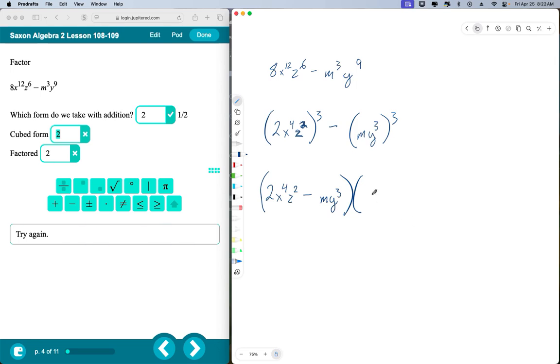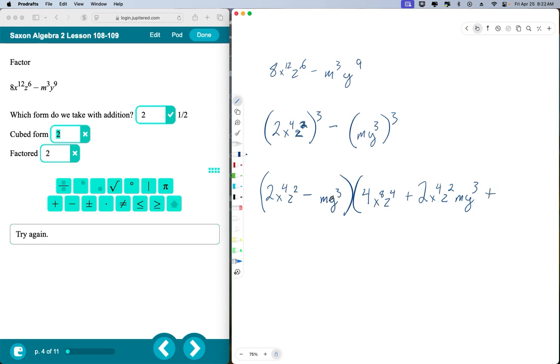So first thing squared, 2 times 2 is 4. x^4 and x^4 is x^8. z^2 and z^2 is z^4. Plus first thing times the second thing, 2x^4z^2my^3. These are pretty easy. Unless you have the same variables, you're basically just squishing them together, right?